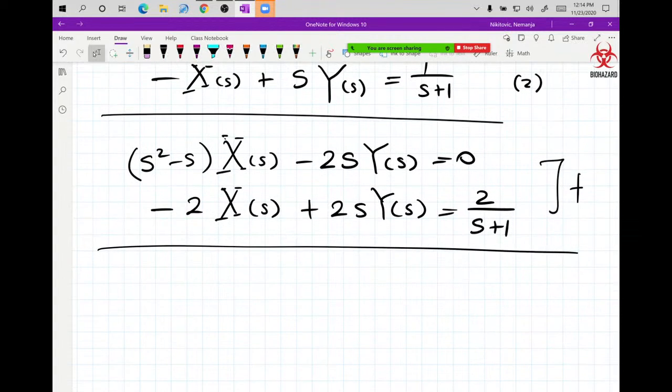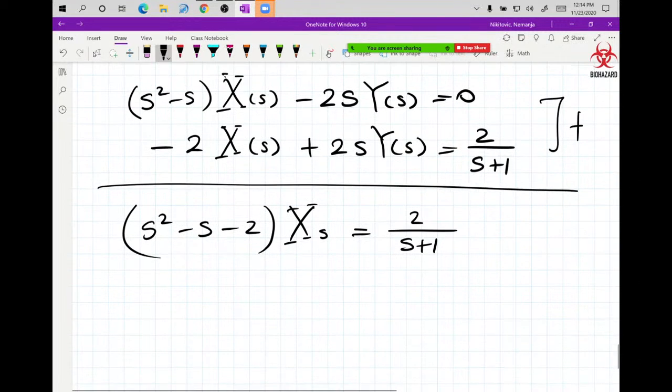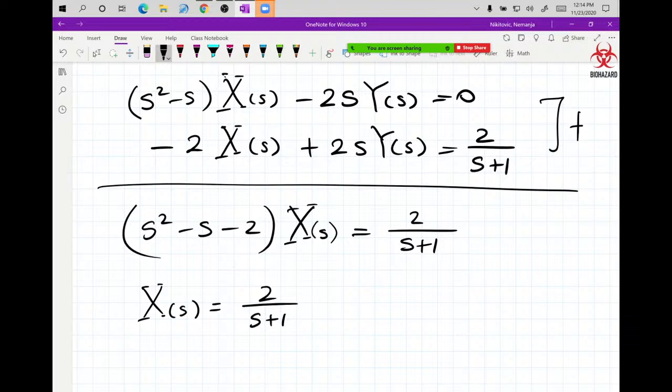So when I add two equations, I get s squared minus s minus 2 times x of s equal, these guys are gone, and all I have on the other side is 2 over s plus 1. Guys, I got my x. See that? It's equal to 2 over s plus 1 times 1 over s squared minus s minus 2.